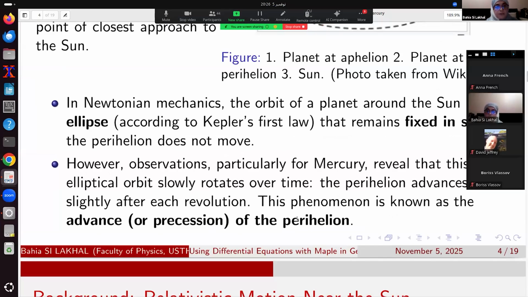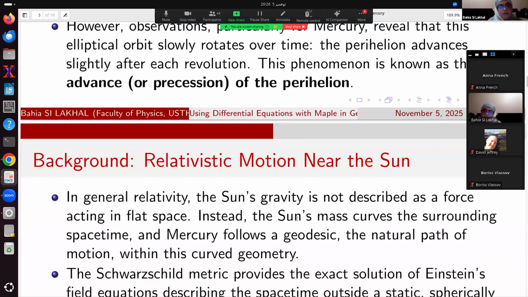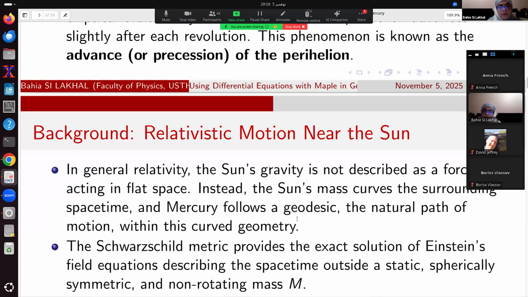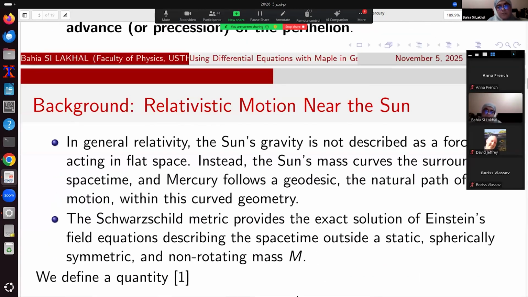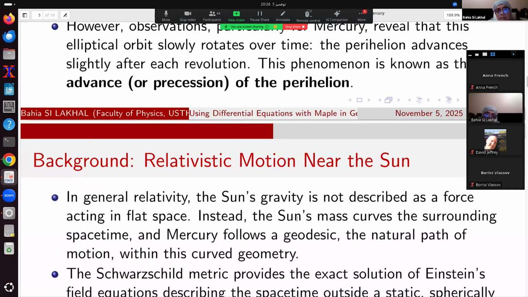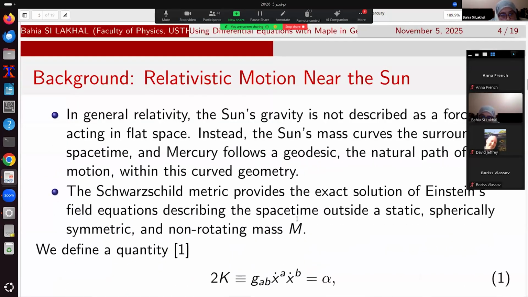Newtonian mechanics cannot explain this phenomenon, known as the advance of the perihelion. However, in general relativity, the sun's mass curves the surrounding space-time, and Mercury follows a geodesic within this curved geometry. So we will see later that general relativity can explain the advance of the perihelion of Mercury.